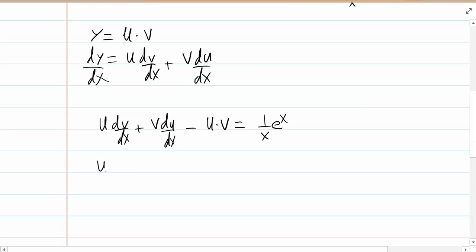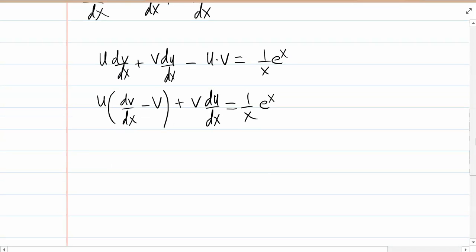We factor out u, and it becomes u(dv/dx - v) + v du/dx = (1/x)e^x.